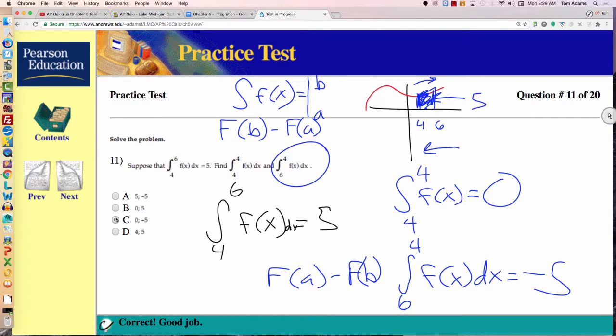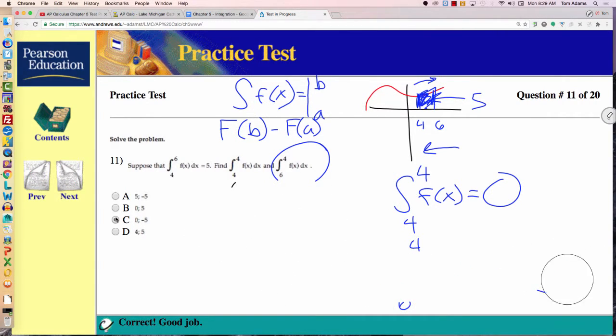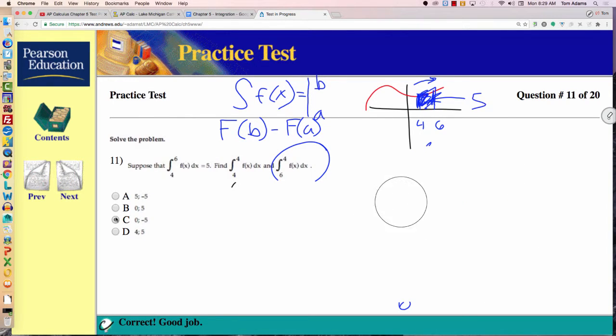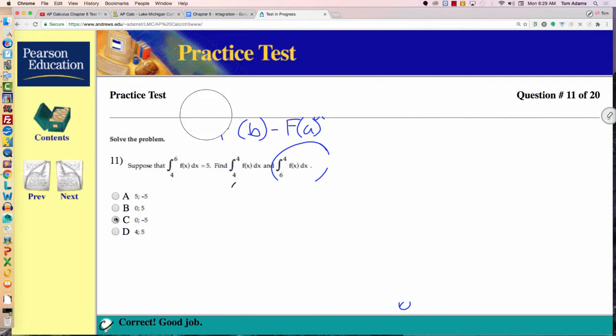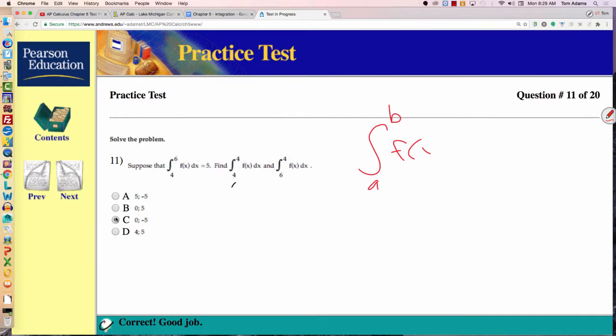Well, they're just properties. Let me explain this to you, okay? Let me list the properties so that you know what they are. They're in your notebooks, they're in the calculus flashcards and all that stuff. But basically, if I say the integral from a to b of f of x dx, and that equals something.